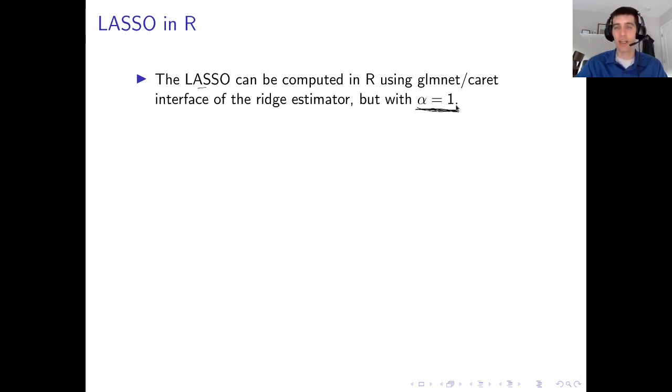Now we're talking about it. Alpha equals 0 is the ridge estimator, and alpha equals 1 is the lasso. So this alpha allows you to choose between the two of them.